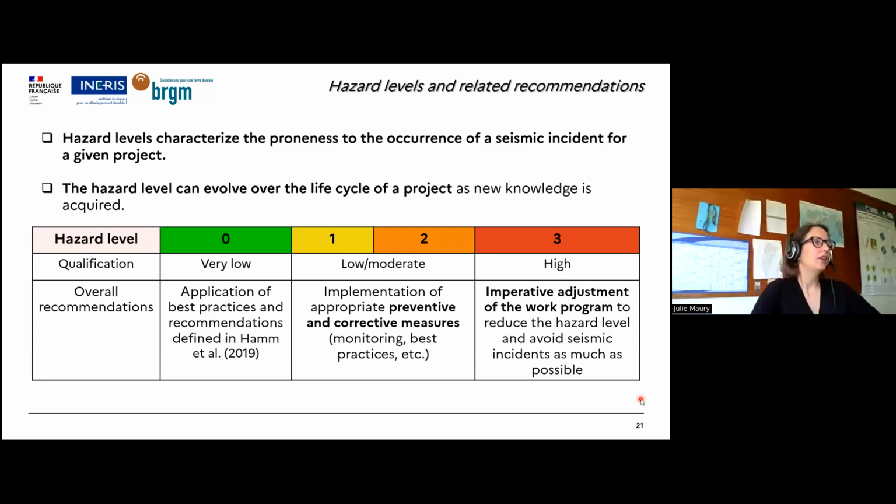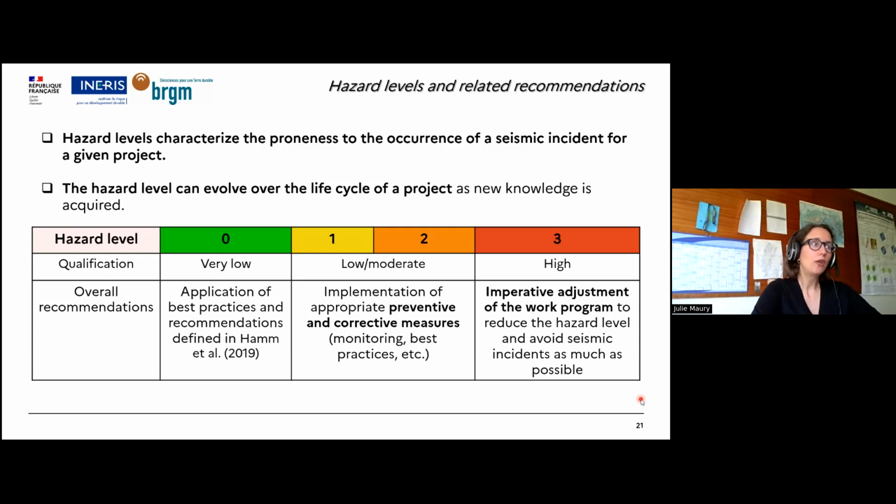Thank you. And so the hazard level characterizes the proneness to the occurrence of a seismic incident for a given project. And since the method is iterative, the hazard level can evolve over the life cycle of a project and as new knowledge is acquired.